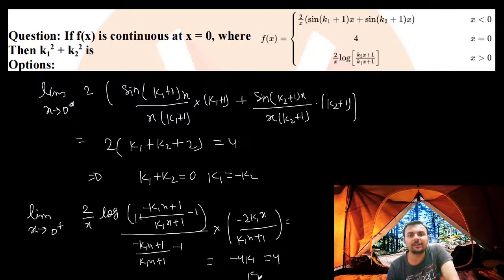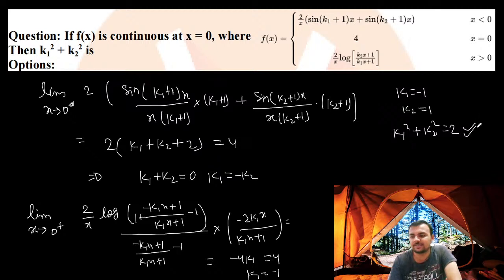So k1 equals minus 1, k2 is 1. So k1 square plus k2 square is 2. So we got the answer.